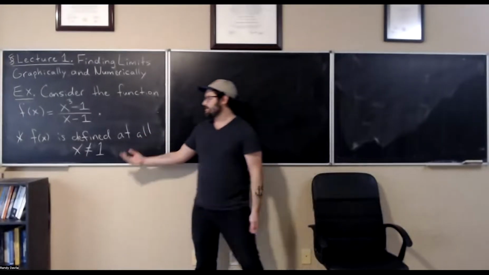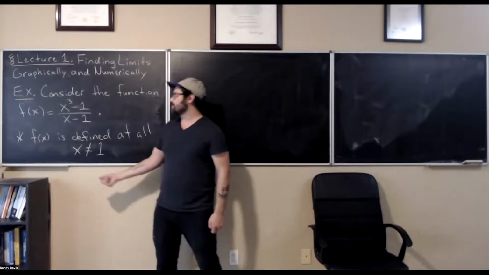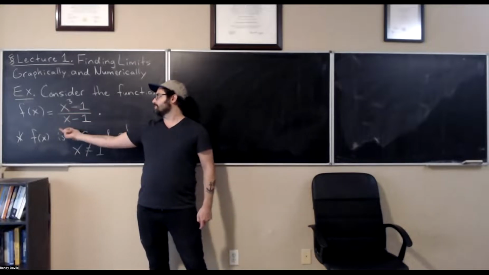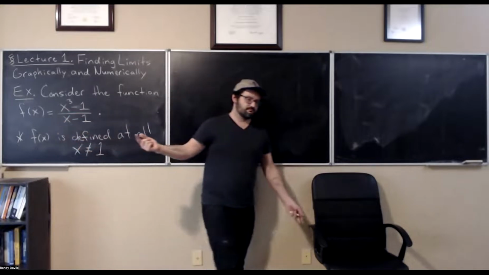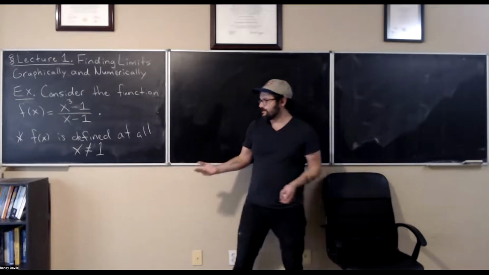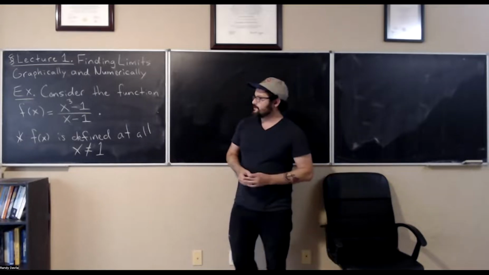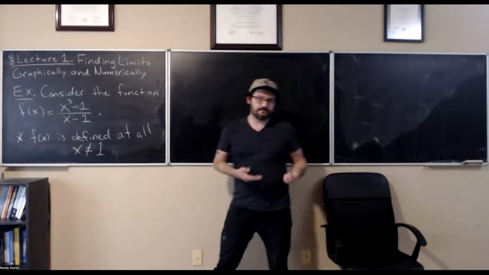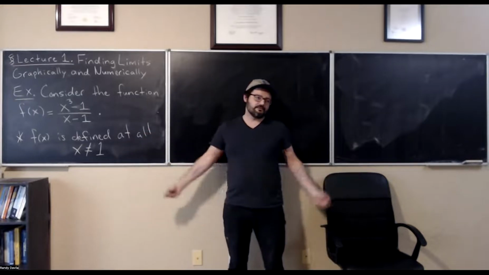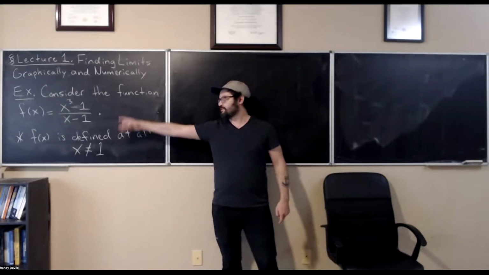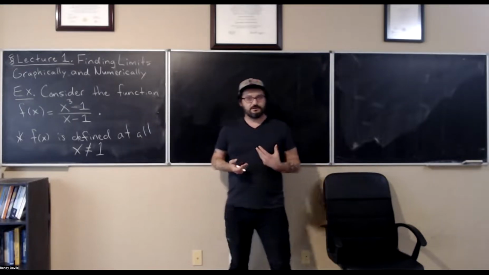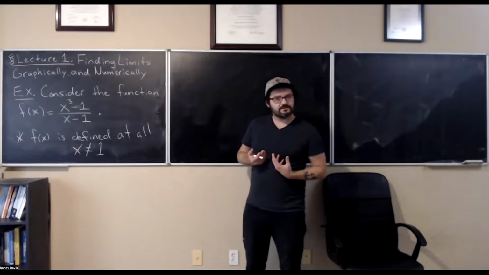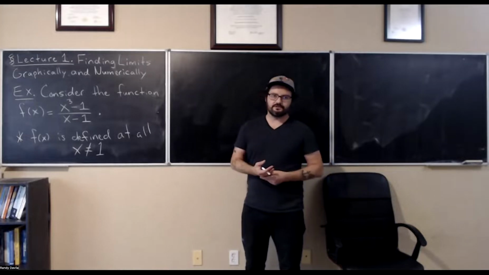Because if we plug in x equals 1, we get 0 over 0. And we all know that we can never divide by 0, right? So in pre-calculus or algebra, we would just say, okay, just forget that value to put into that function. In calculus, we can think about it, or we're encouraged to think about it.